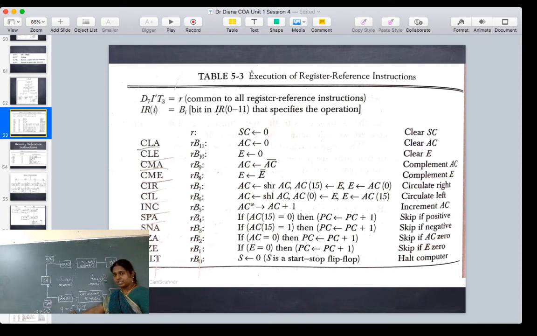Apart from this, I have bits of the instruction register, bits 0 to 11, to indicate the actual operation code for instruction execution. The input output does not have many instructions. It has got only 6 instructions under the input output category. So bits 0 to 11 are not completely used.